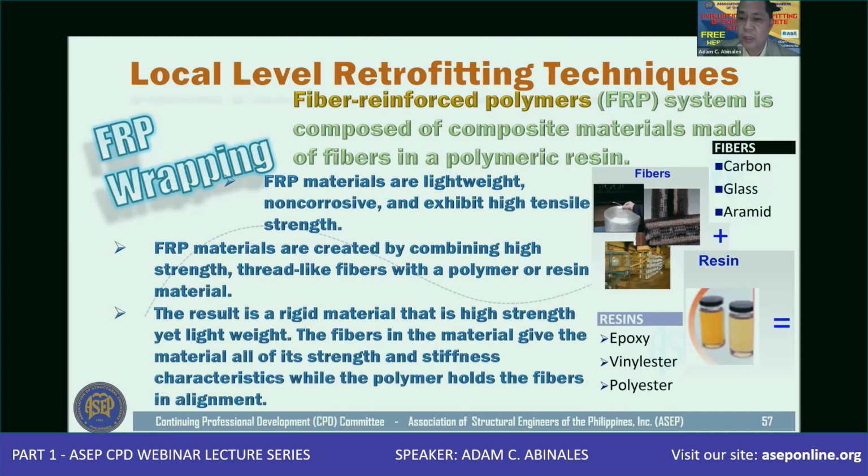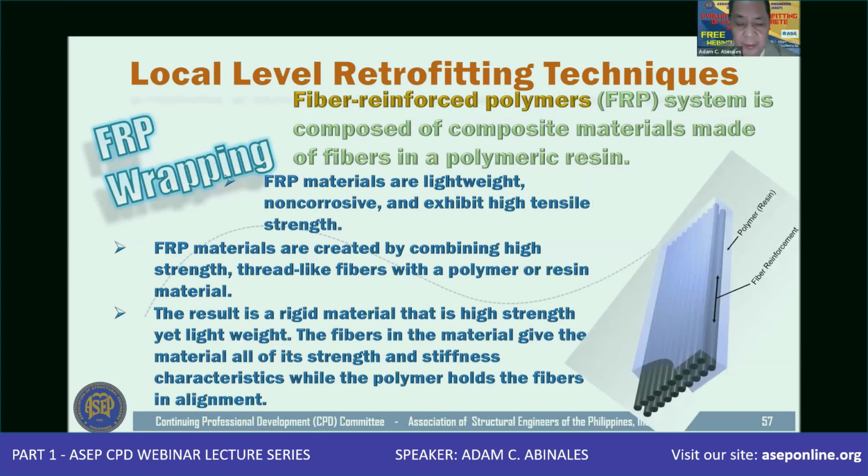With this composite material, you are creating the FRP by combining high-strength thread-like fibers with the polymer or resin material, and the result is a rigid material that is high-strength yet lightweight. The fibers give the material all of its strength and stiffness characteristics, while the polymer holds the fibers in alignment. So this is the result of the fiber.